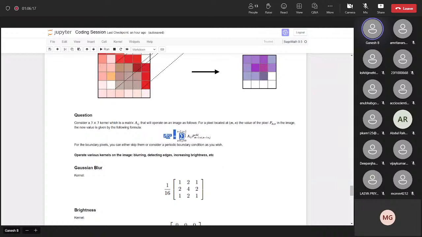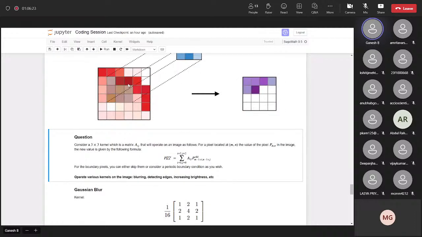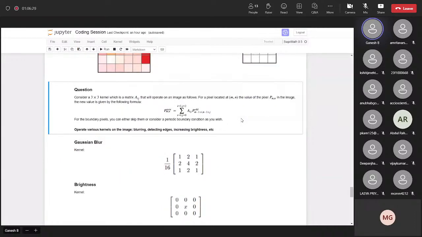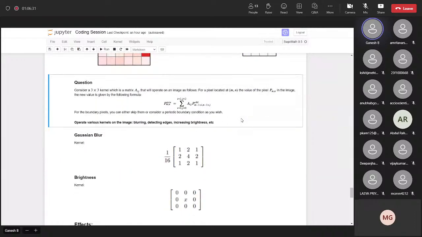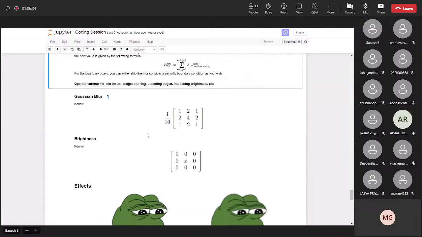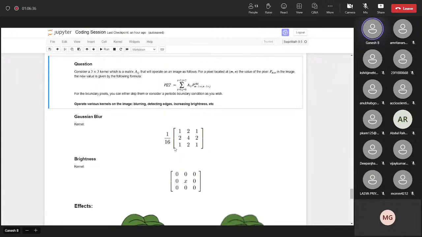So this is how this convolution operation is defined mathematically. It traverses through all the non-boundary elements of this matrix, and it just outputs the element-wise product in the new matrix. So when your kernel is this oddly specific matrix, this actually blurs your image.